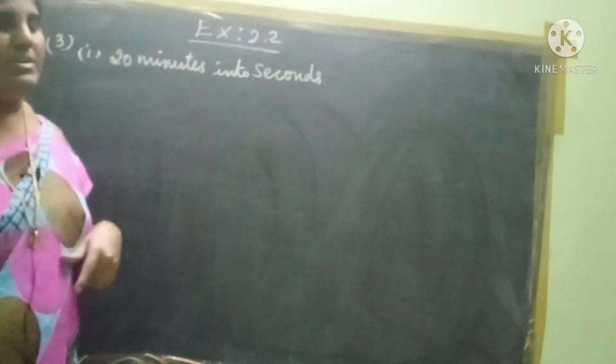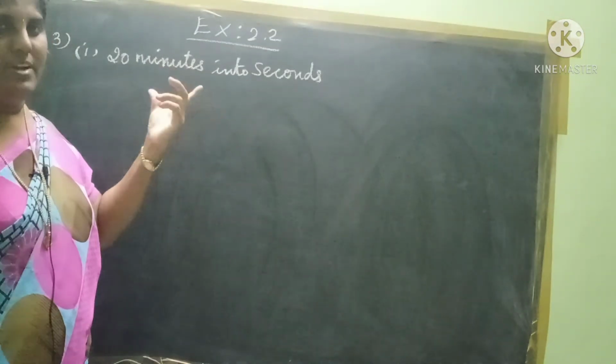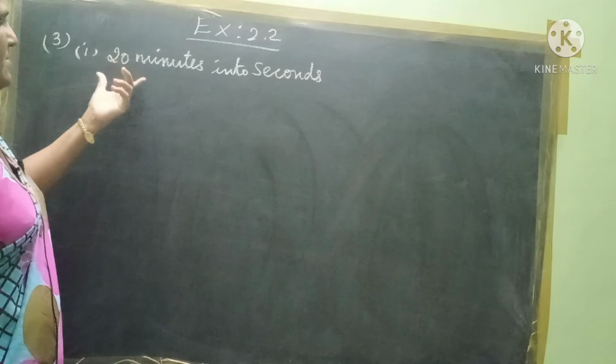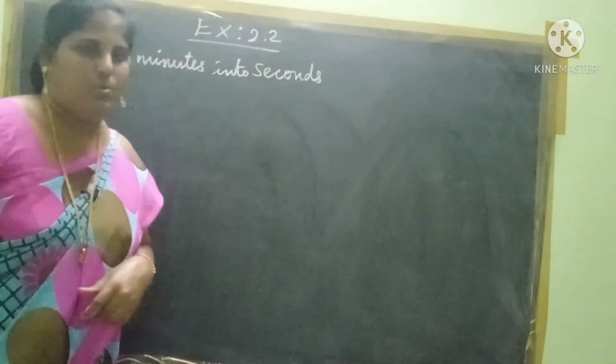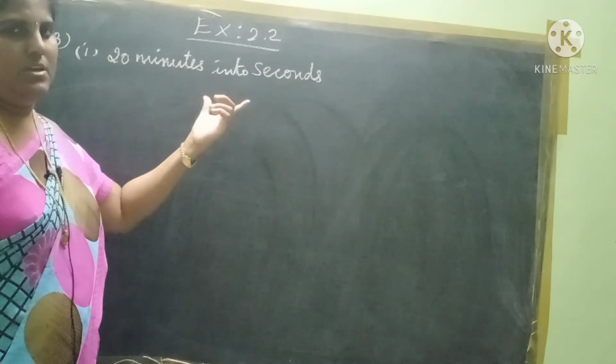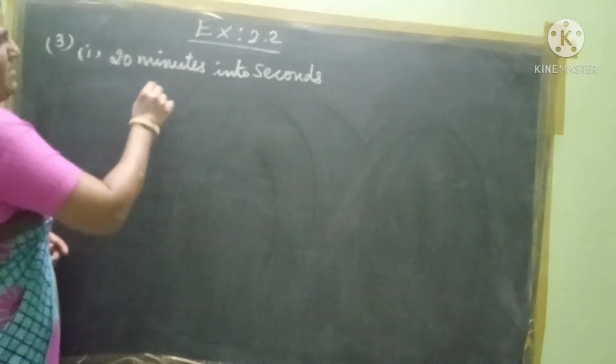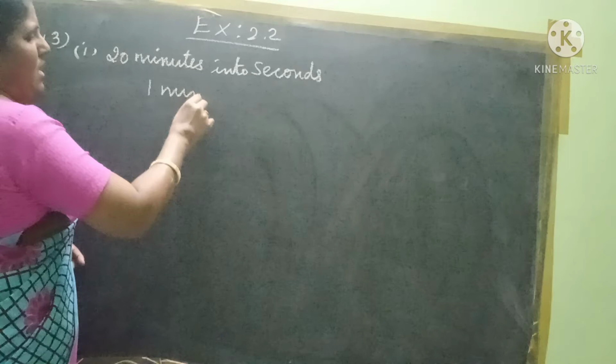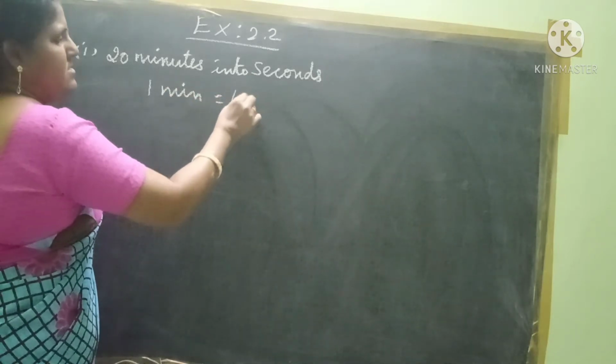Okay, the third one: convert 20 minutes into seconds. So we are going to convert the minutes to seconds. First of all, if you want to change minutes to seconds, 1 minute is equal to how many seconds? 60 seconds, isn't it?